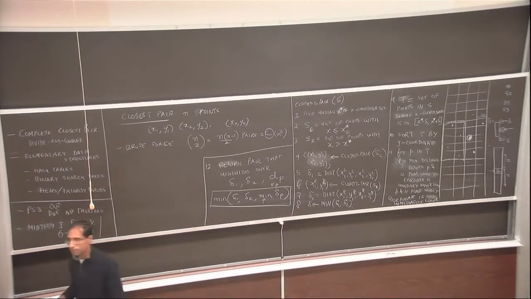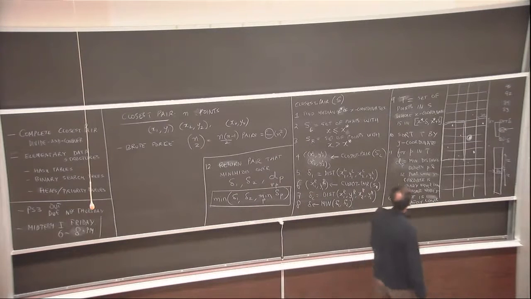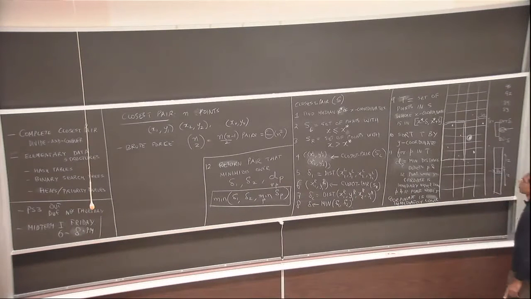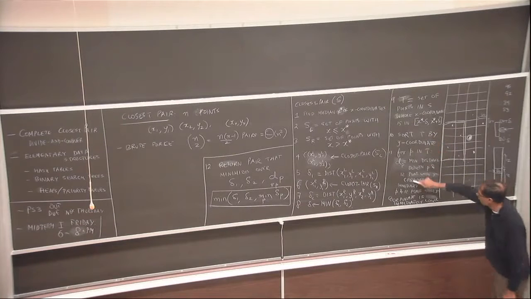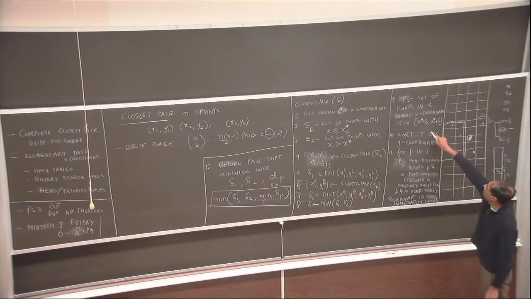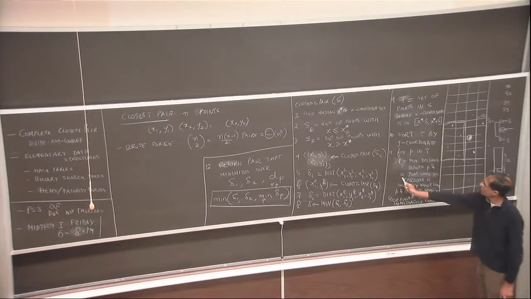Yes? Instead of using delta, use delta over 2? Where? Restrict the number of comparisons? Yeah. So notice that in the code, delta only appears here. After that, what we have is this 12.